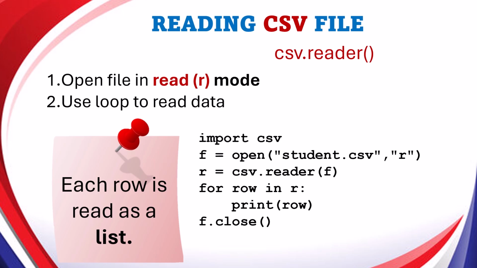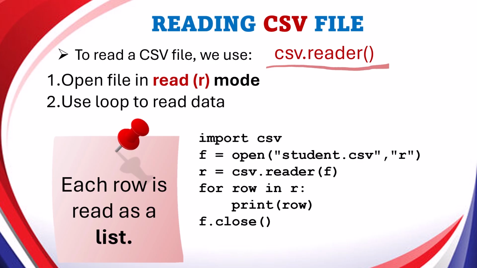Next slide is about reading the data from the CSV file. अगर आपको CSV file से data read करना है, then function reader is used to read the data from the CSV file. File को R mode में open करना होगा, and each row is read as a list from the CSV file.